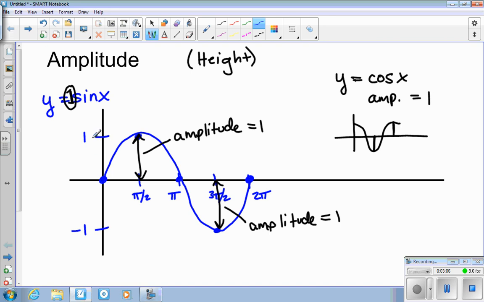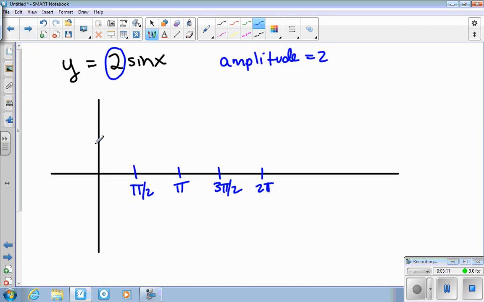So now, instead of going up to 1, our function will go up to 2. And it'll also go down to -2. So sine of x will still start at 0, 0. But instead of going up to 1, we're going to go up to 2 because our height, our amplitude, needs to be 2. Back down to 0. Down to -2, and then back to 0.